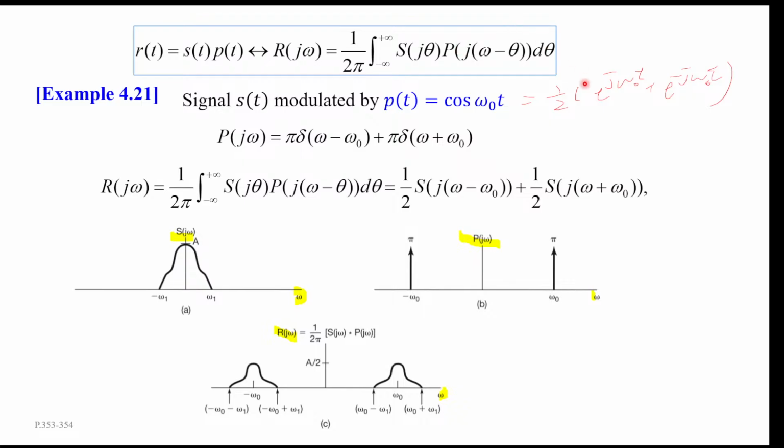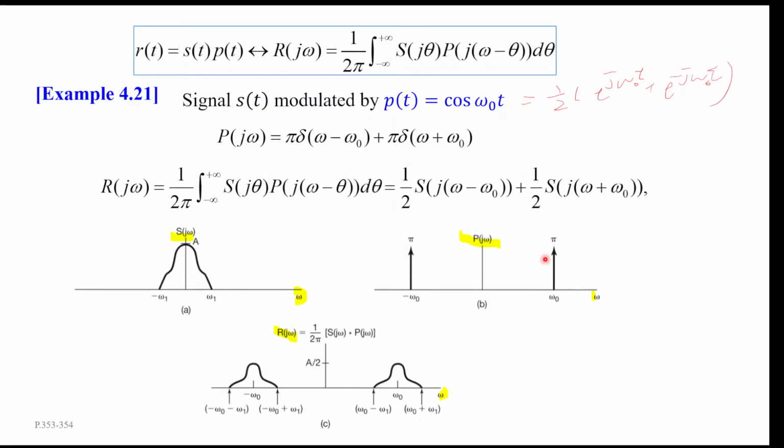Let's first calculate this big P of j omega. Big P of j omega is the Fourier transform of cosine omega t, and it is pi delta(omega minus omega naught) plus pi delta(omega plus omega naught). So it's this one here plus this one here.